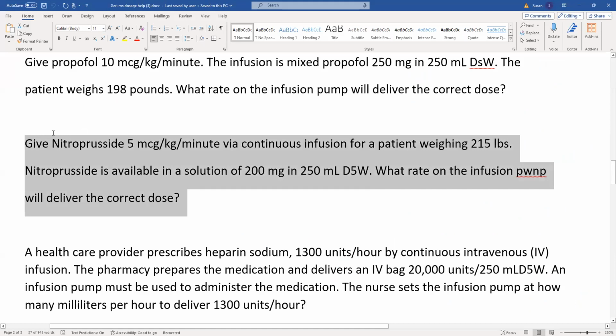Oh, the nitroprusside. Okay. Everybody got their numbers? Yes.